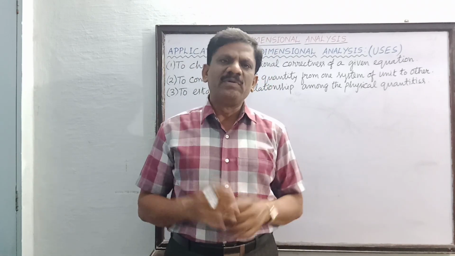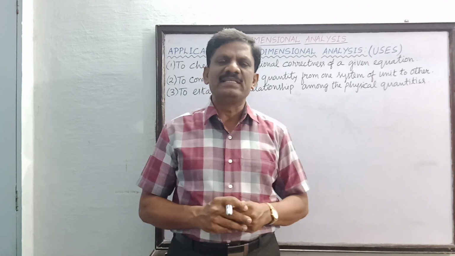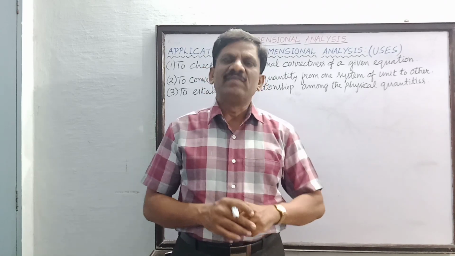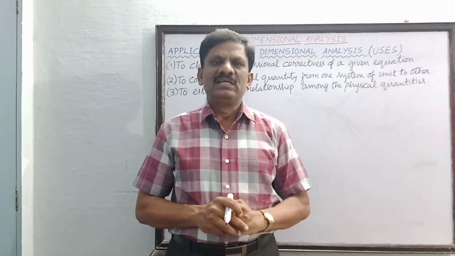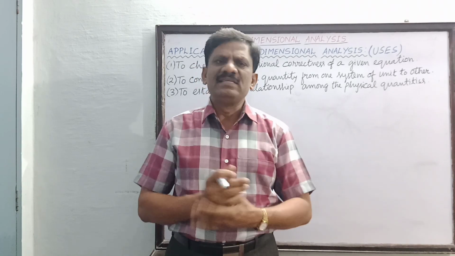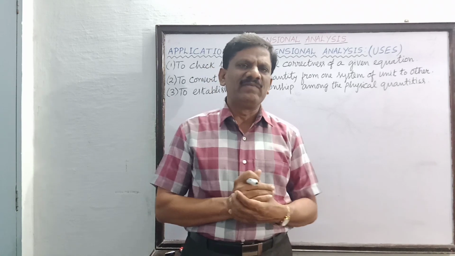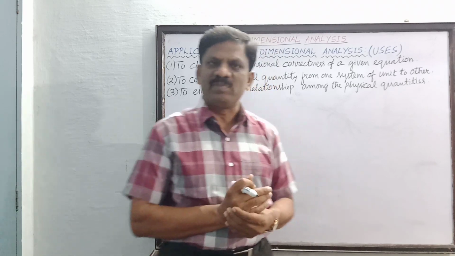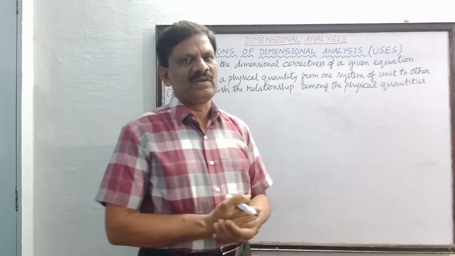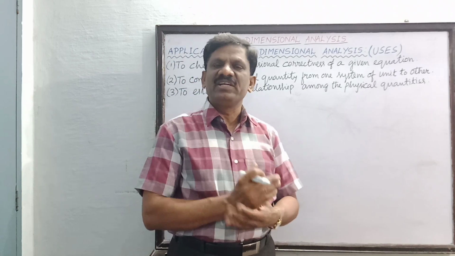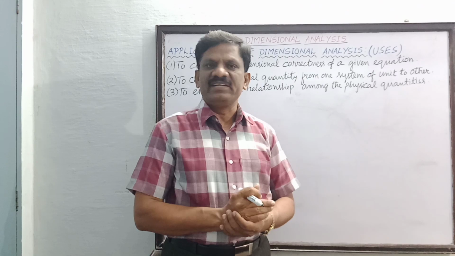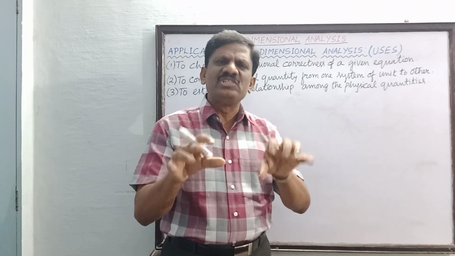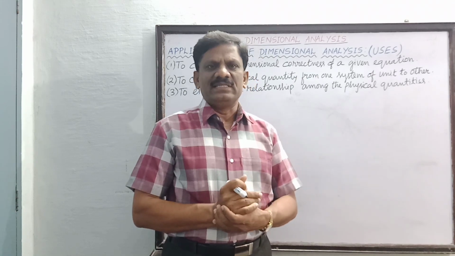So this is an equation relating three physical quantities, namely energy, the velocity of light, and the mass of a body. Similarly, S is equal to ut plus half at square, where S is the distance travelled or displacement, u is the initial velocity, a is the acceleration, and t is the time taken. So there is always a relationship among physical quantities.